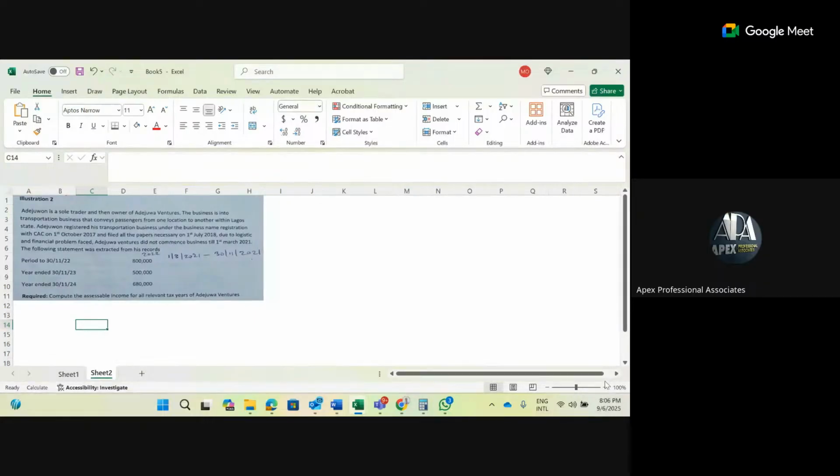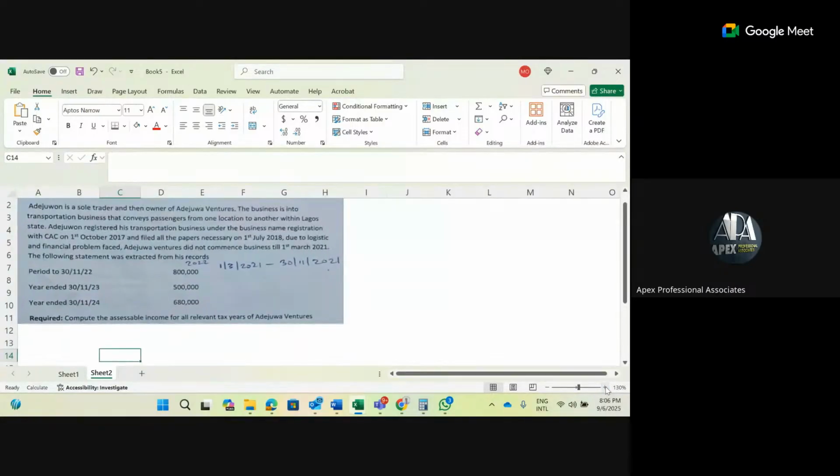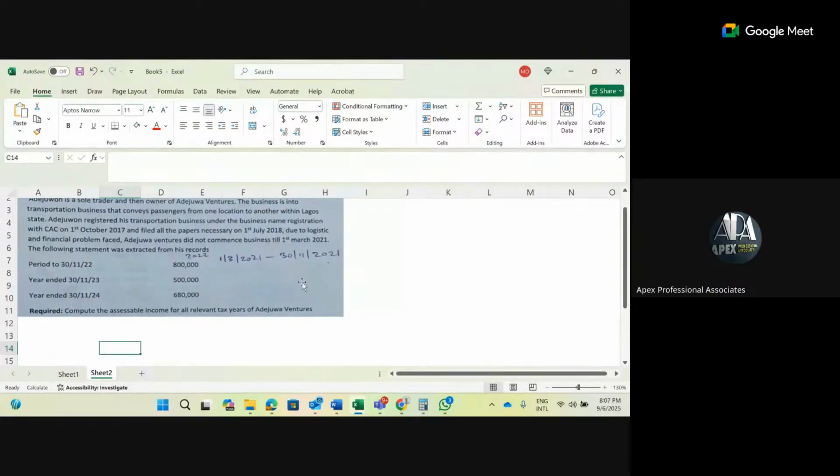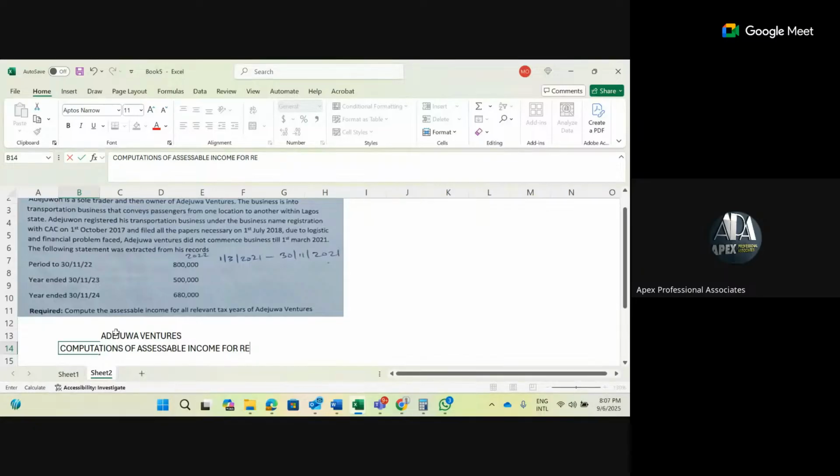The requirement is now for us to compute the assessable income for all relevant years of assessment of Adejuwa Ventures. So the first thing that I must write is the name of the business, Adejuwa Ventures. Please, that is what is important first. And computation of assessable income for relevant years of assessment.